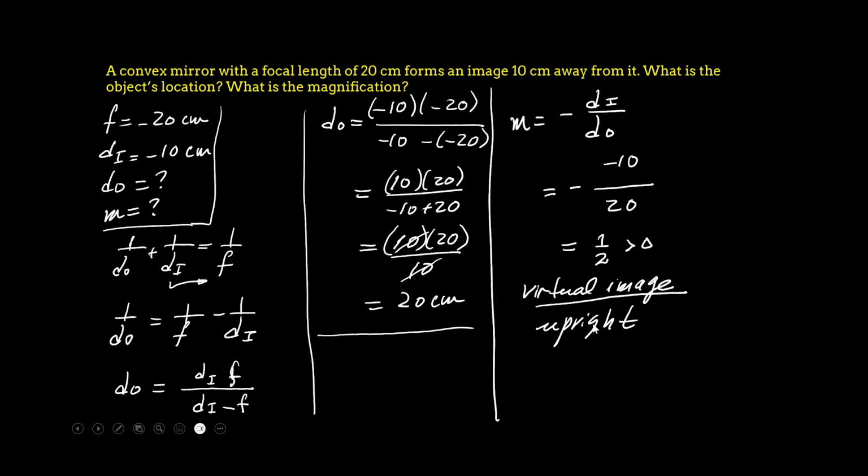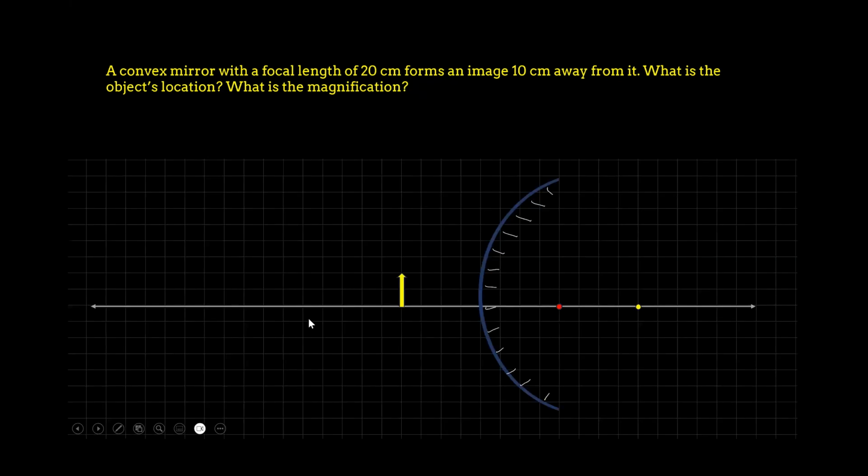All right, well, let's see. So now I'm going to start with a DO of 20, an F of 20 on the other side, and see if the image lands at 10. So here's 20. Again, every unit is 4. 1, 2, 3, 4. Is 5. So first ray, parallel to the axis, reflects as if it's coming from the focal point.